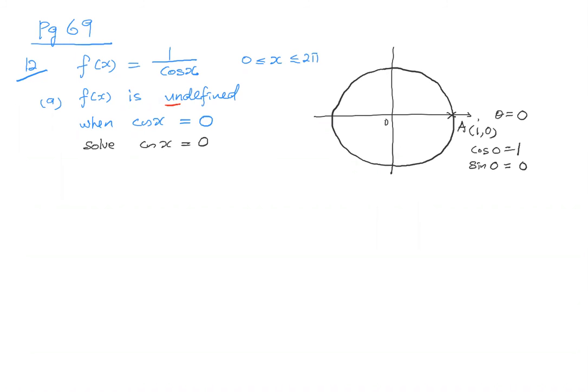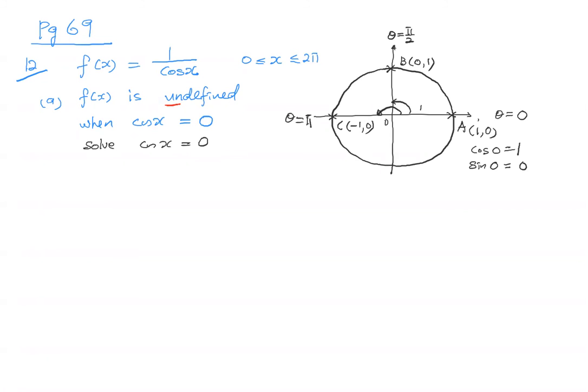If the angle turns to here, the coordinate of point B is 0, 1. So the angle here is pi by 2. The point here is C, which is -1, 0, and the angle when it turns from here to here is pi.